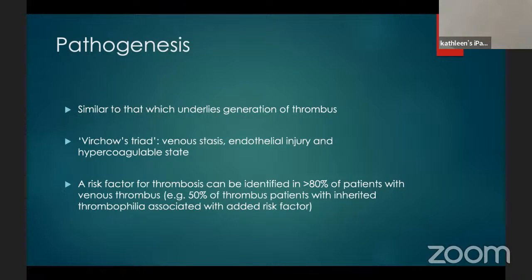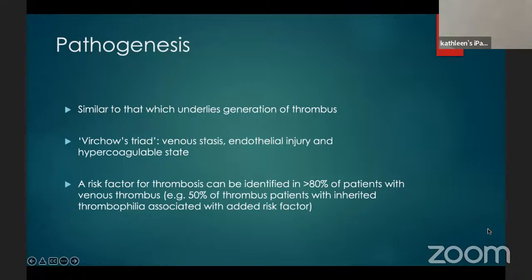Pathogenesis of PE is similar to that which underlies generation of thrombus. This is referred to as Virchow's triad, which encompasses venous stasis, endothelial injury, and hypercoagulable state. A risk factor for thrombus can be identified in greater than 80% of patients with venous thrombus.